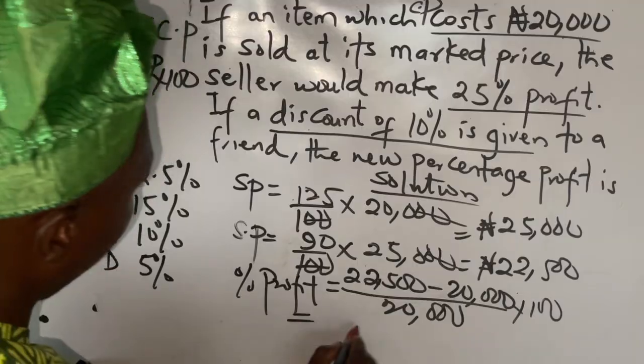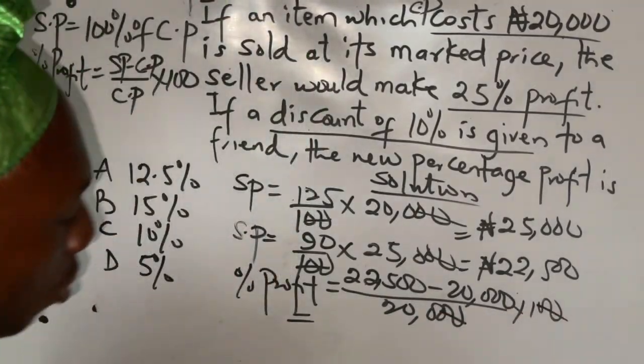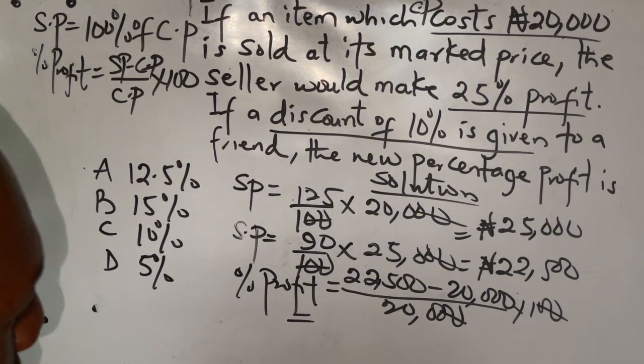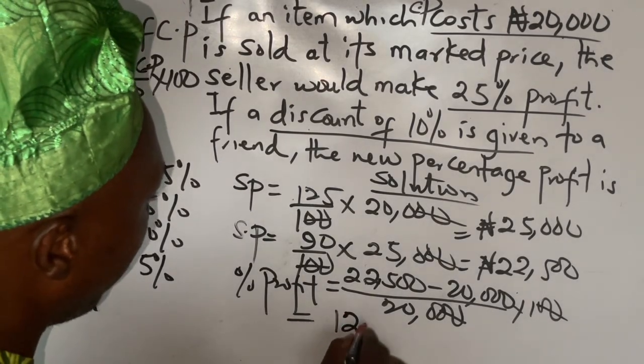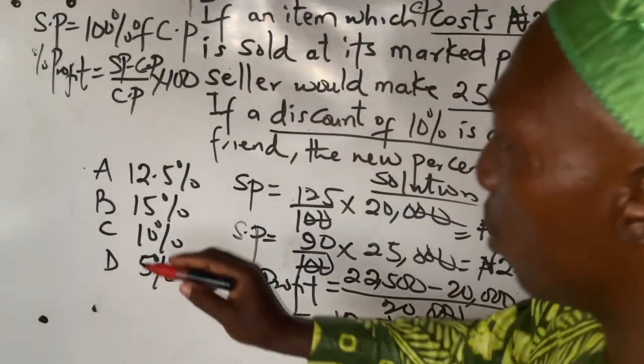If you do this very well, 20 cancels 20, so I'm left with 22,500 minus 20,000, and I'm dividing it by 200. So the final answer is 12.5%, which is our option A.